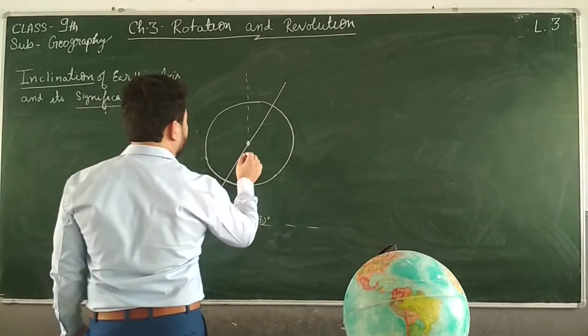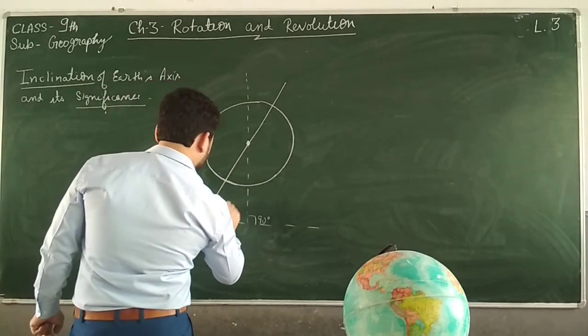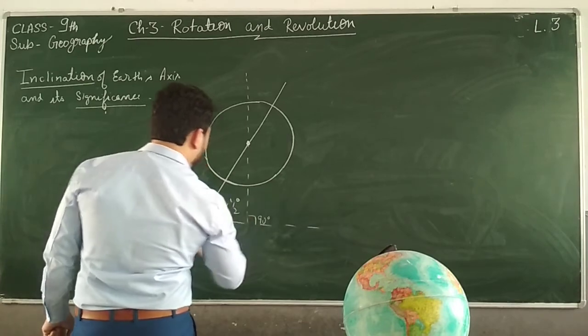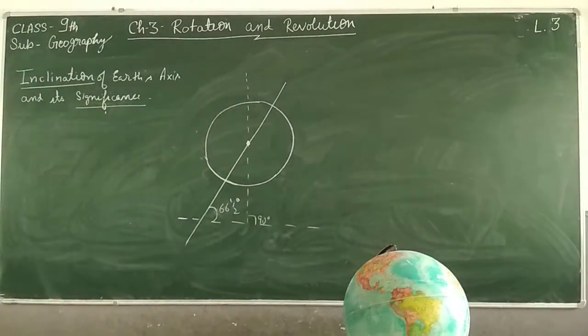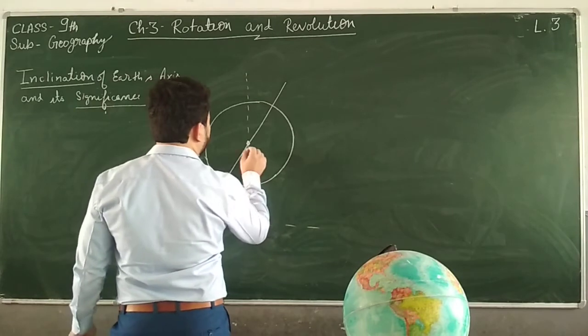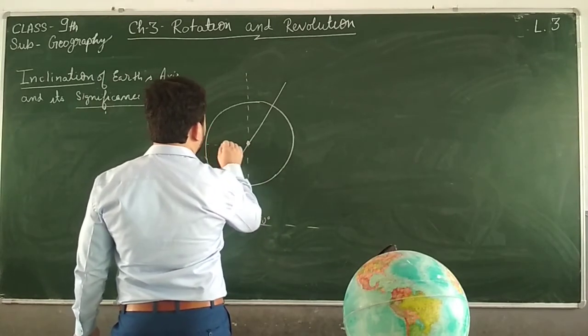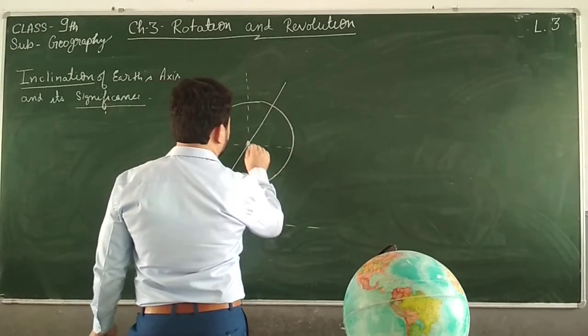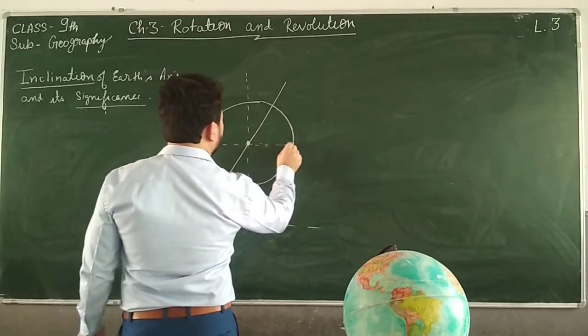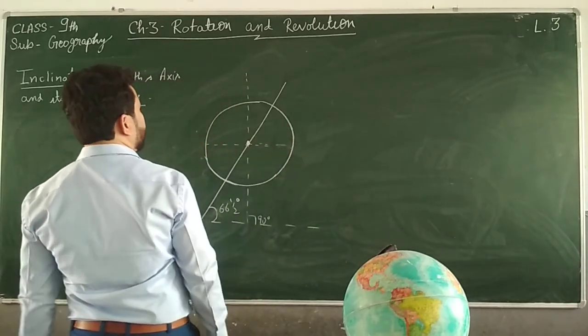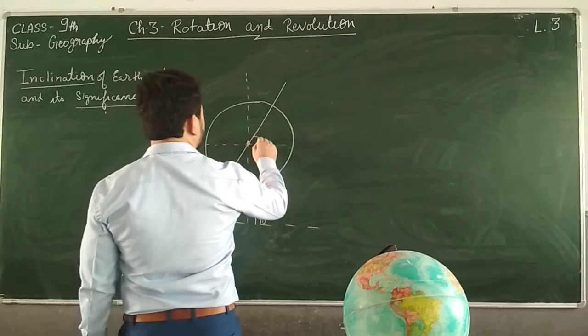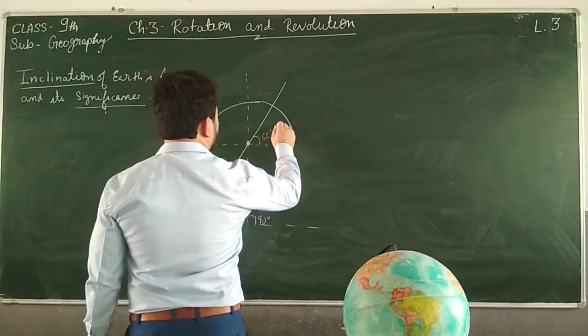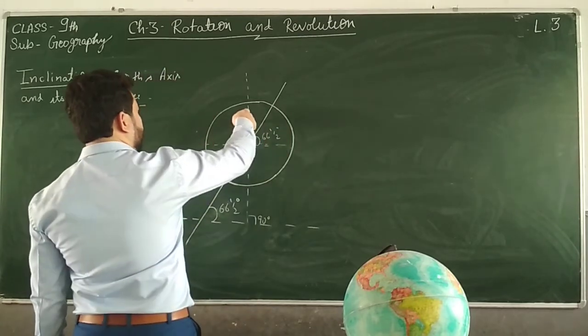Okay, at this angle, this is 66 and a half degrees. This is the angle of inclination. Here also you can get that angle by drawing a line like this, just parallel to the plane. Okay, this is 66.5 degrees. Here this will be 66.5 degrees if you measure, and this will be 23.5 degrees.